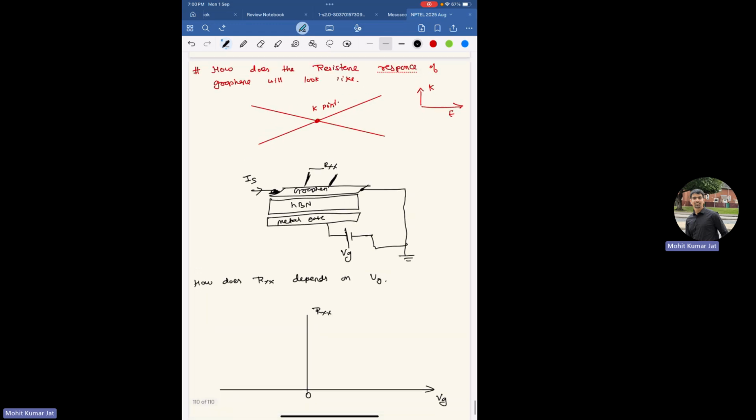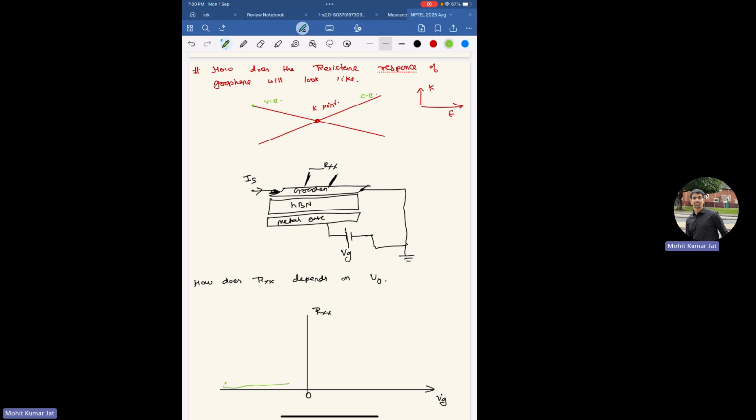When you are deep down in the negative voltage, you are sitting somewhere here in the valence band. Let me call this the valence band and this the conduction band, the positive energy. When you are sitting deep in the negative here, your resistance will be very low.